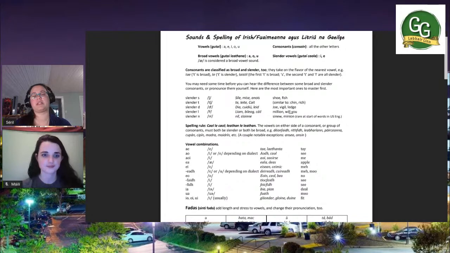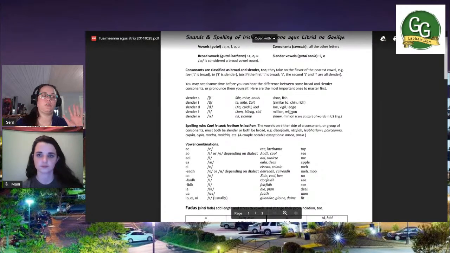So again, if you need a quick pronunciation to hear it rather than trying to figure these out, you can type any word into abair.tcd.ie, which is Trinity College Dublin.